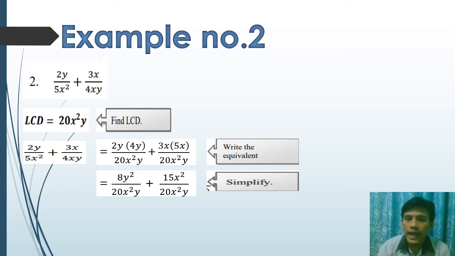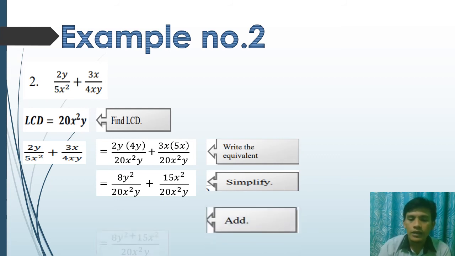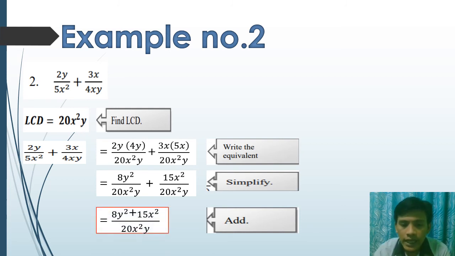Therefore, we can add all the numerators. 8y squared plus 15x squared over 20x squared y. That is already in simplest form, and that will be our final answer.